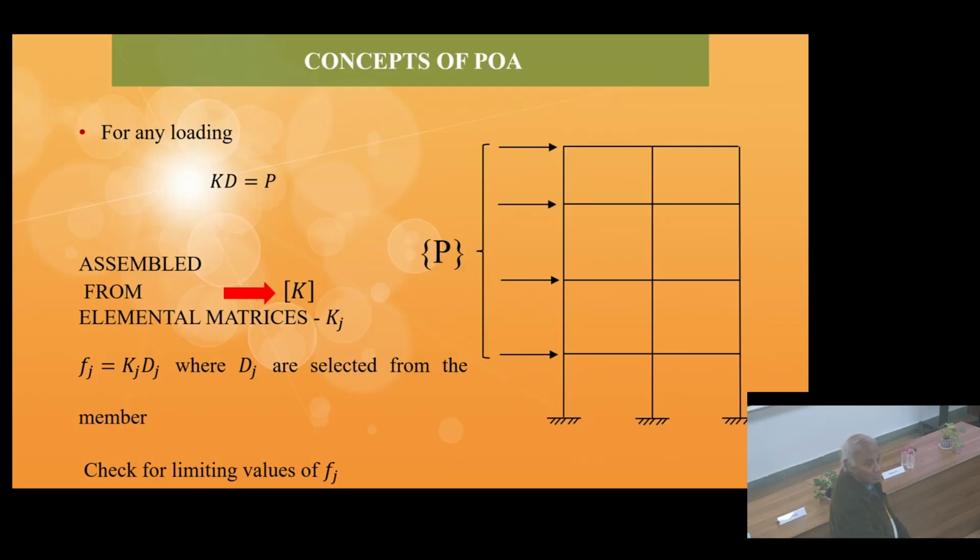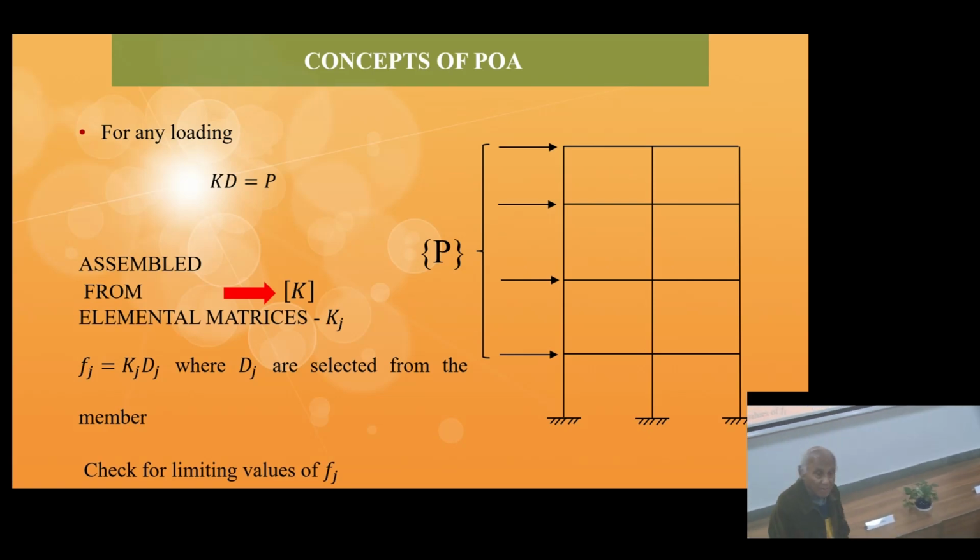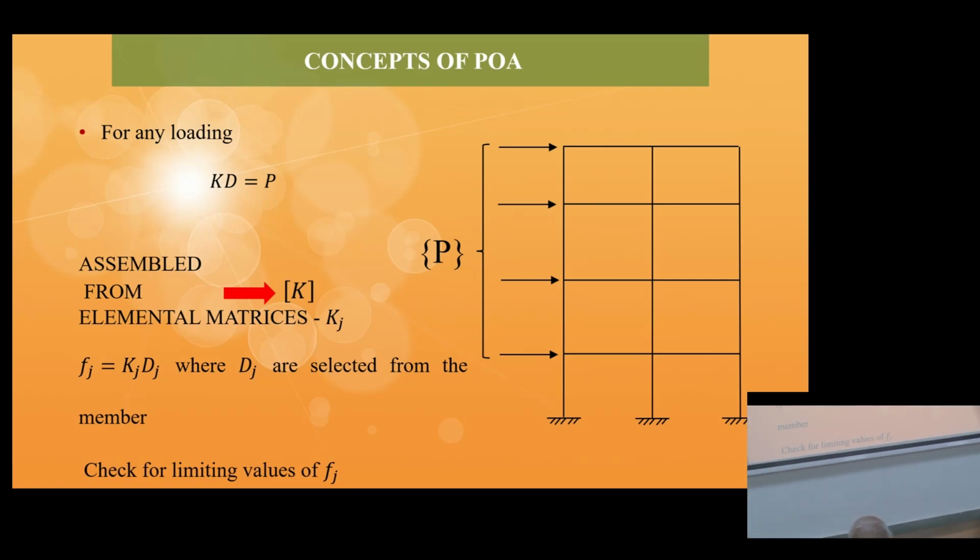Four. So 4 by 1 and K will be also 4 by 4. But actually K is not 4 by 4 because there are rotations. These rotations are condensed out. After condensing out these degrees of freedom, you can make it a K.